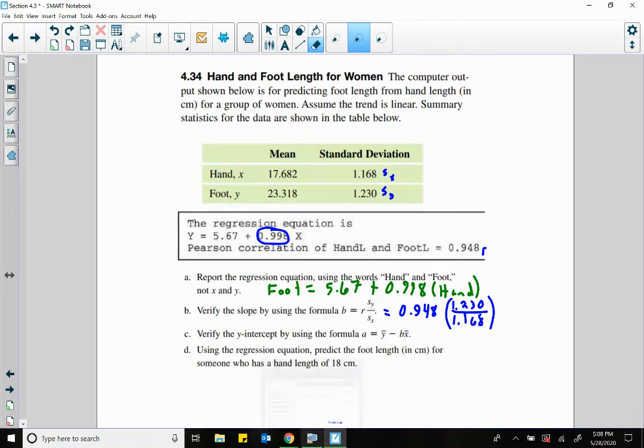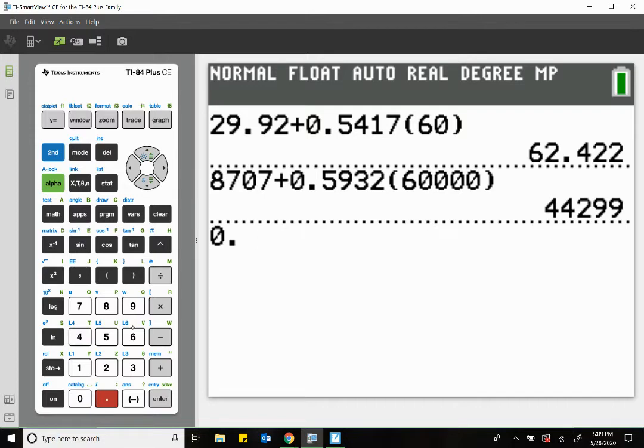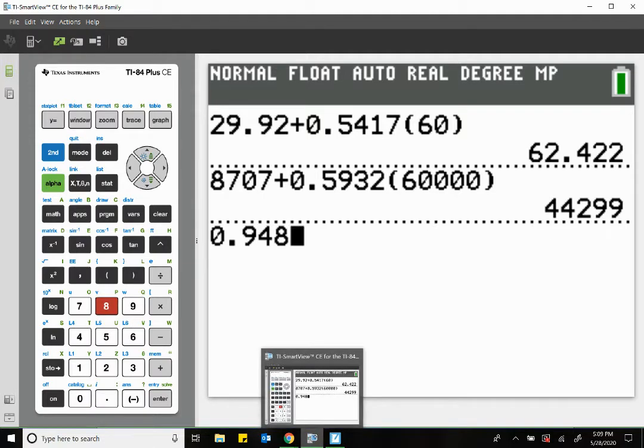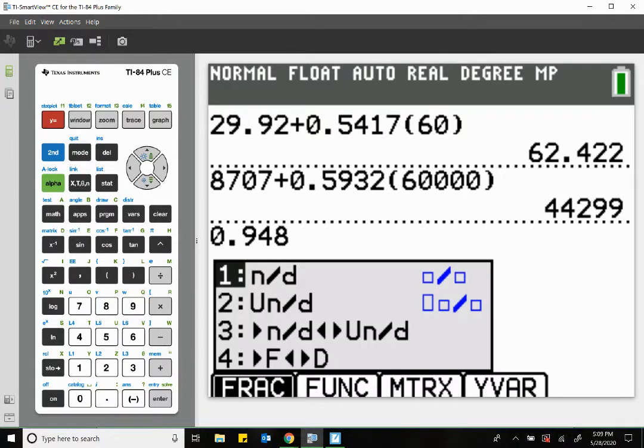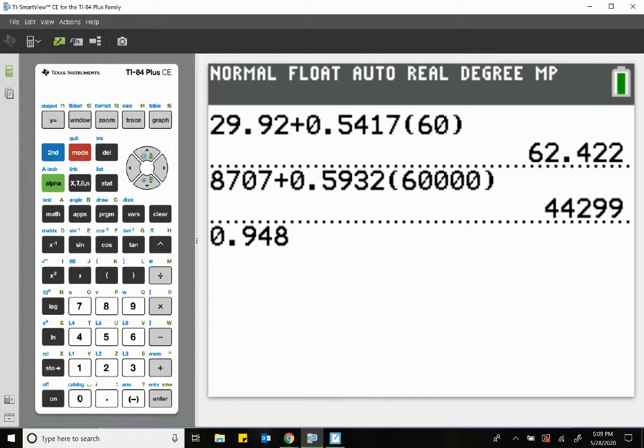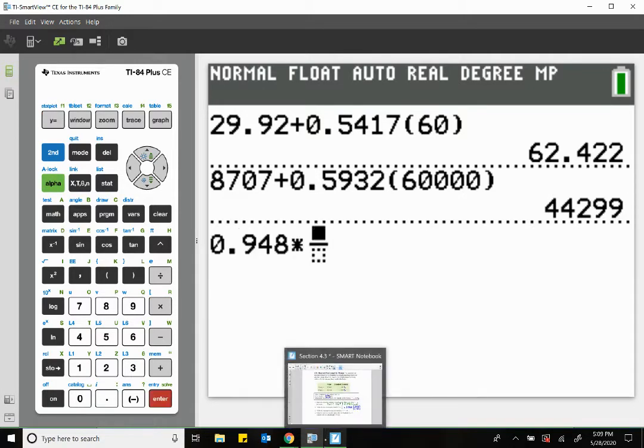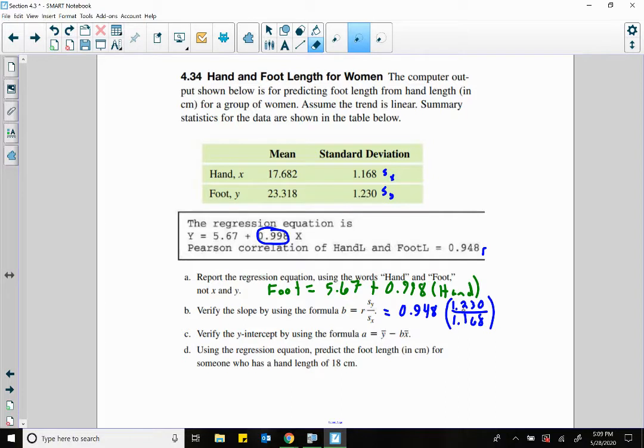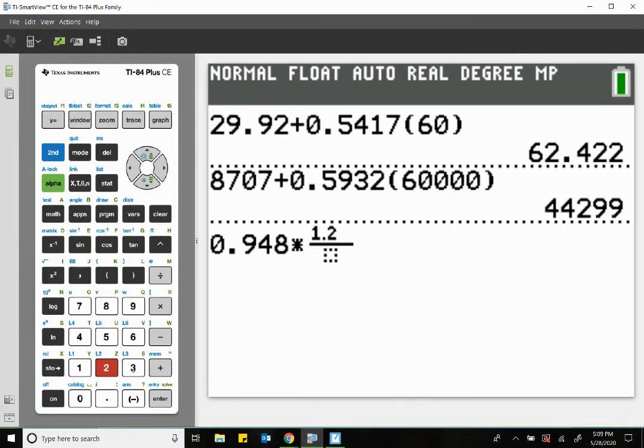So if we go to our calculator, 0.948. Okay, and then we're going to multiply by the fraction, 1.230 over 1.168.